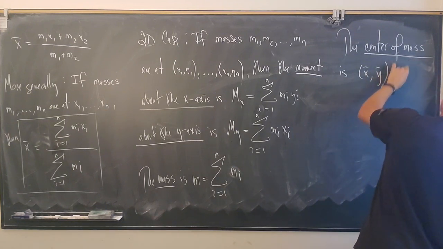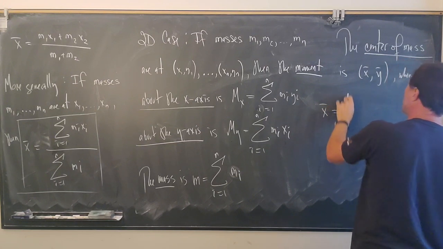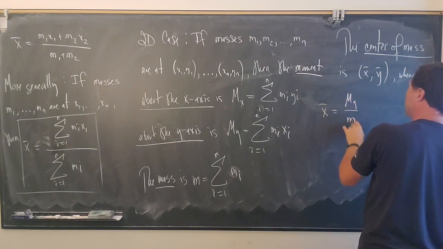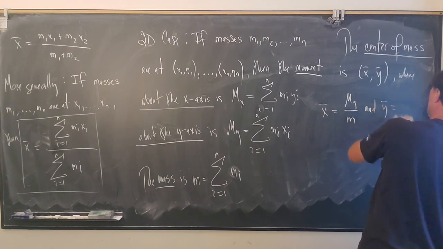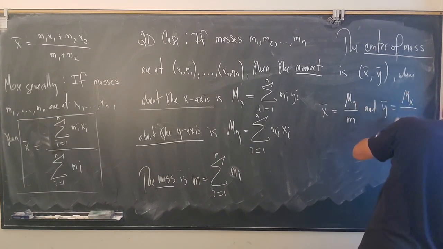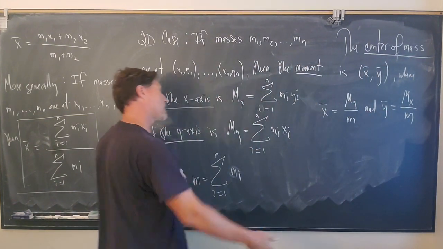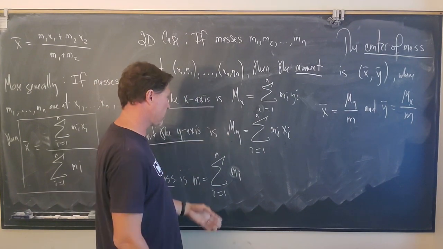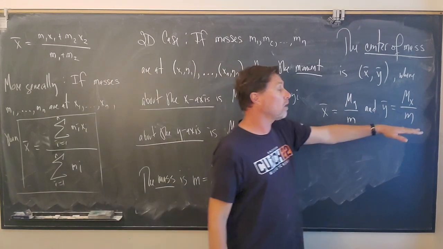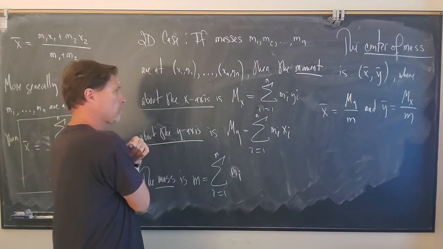So where x bar is equal to M sub y divided by little m, and y bar is equal to M sub x divided by little m. So if you want to find the center of mass of a two-dimensional system, compute the moments, compute the mass, and then set up these fractions right here, and that'll tell you exactly where the center of mass is.